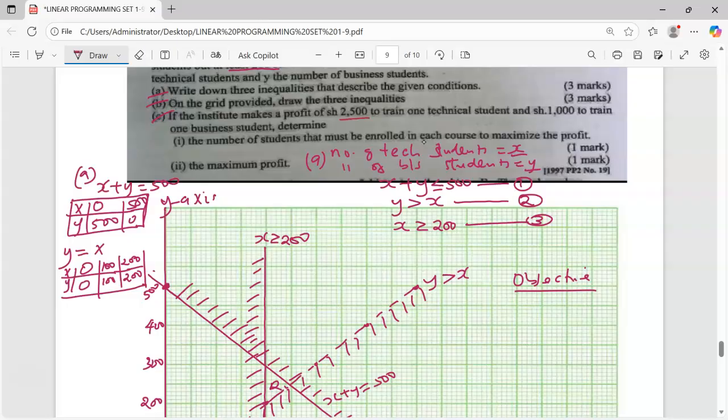We are going to generate a profit of 2,500 per student. We have x students taking technical studies, and of course we have 1,000 from the students taking the business courses. This becomes our objective function.